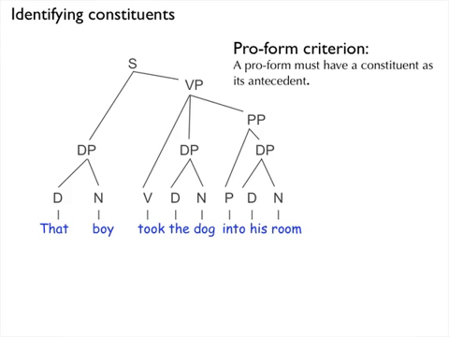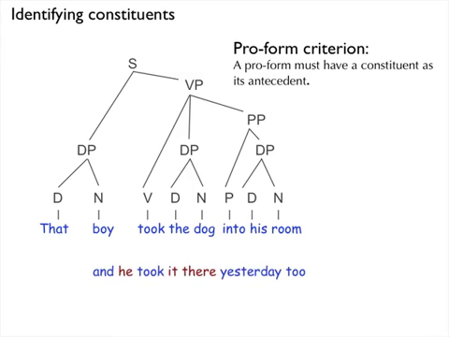We're just going to go through some more and take it deeper and see what some of the things are that we can say about the elaborate structure of VPs. So the proform criterion, or the proform test: a proform must have a constituent as its antecedent. That's the assumption we're working with. We have lots of evidence for it.